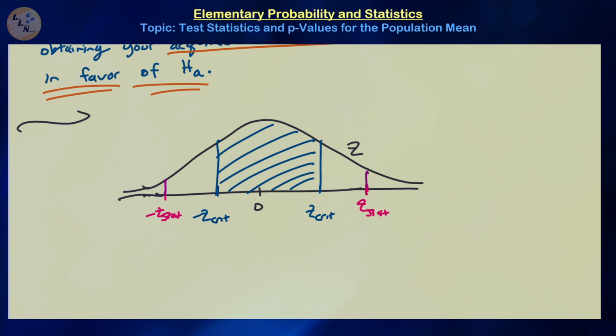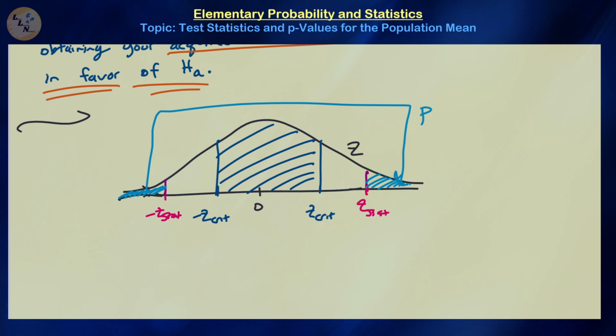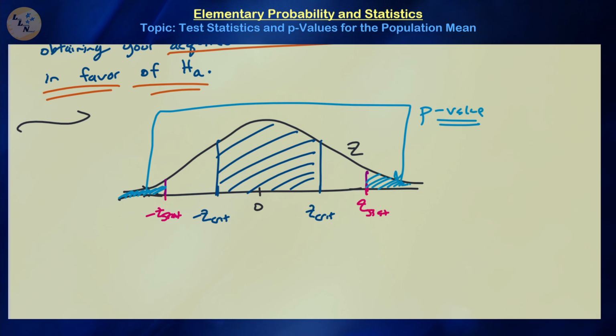So what is something more in favor of the alternative? When we say more in favor of the alternative, we want to reject the null hypothesis with more and stronger evidence. That means we want it as large as possible. So this area here in light blue is going to represent the p-value. The p-value is shaded in blue. That's the probability of getting our test statistic or something more in favor of the alternative.